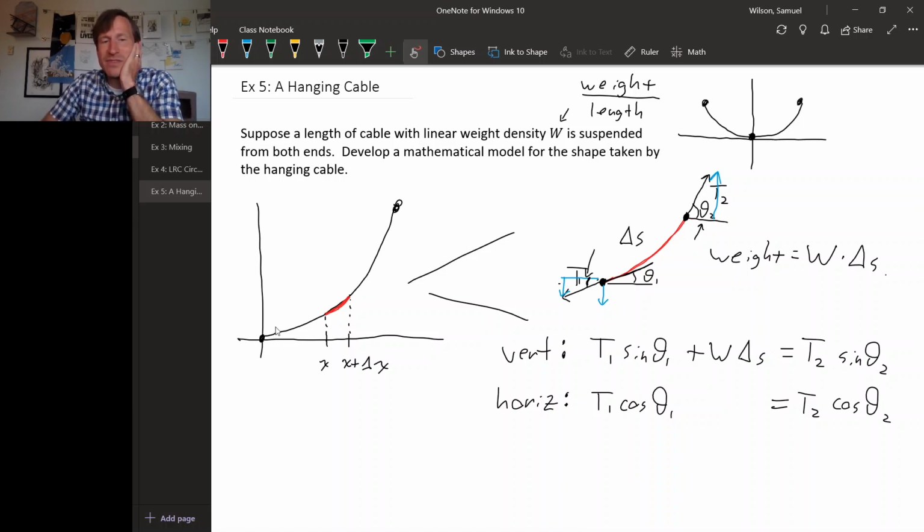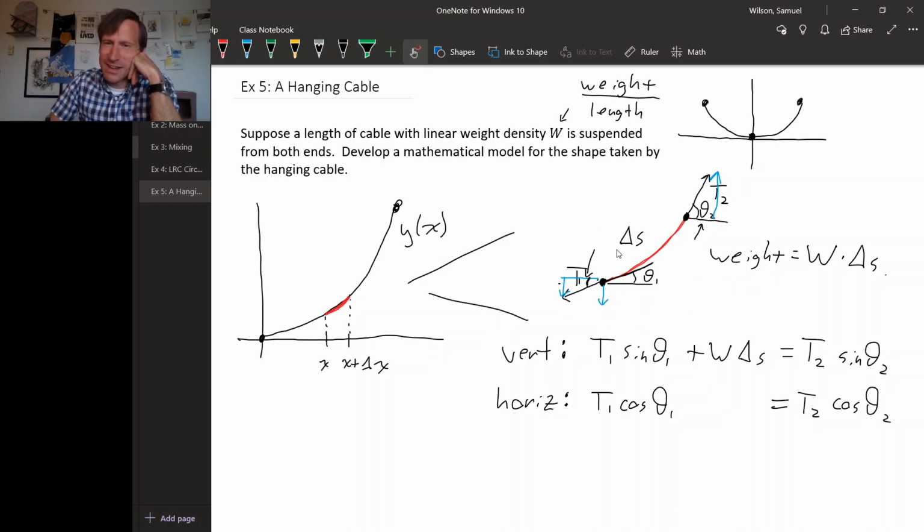The shape of this cable is really just a graph. And so we could call the shape that this cable takes y of x. But how is the derivative of this function related to anything in this situation?